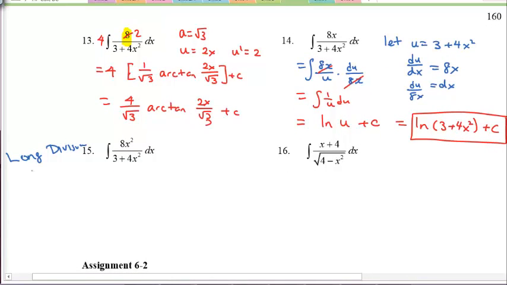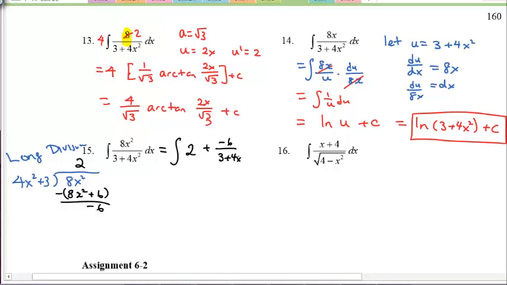If I take 4x squared plus 3 and divide it into 8x squared, notice the 4x squared goes into 8x squared twice. If I do the multiplication of 4 times 2, or 8x squared plus 6, and I subtract, notice I get a remainder of negative 6, which means I can rewrite this function as 2 plus the remainder, which is negative 6 over 3 plus 4x squared, all over dx.